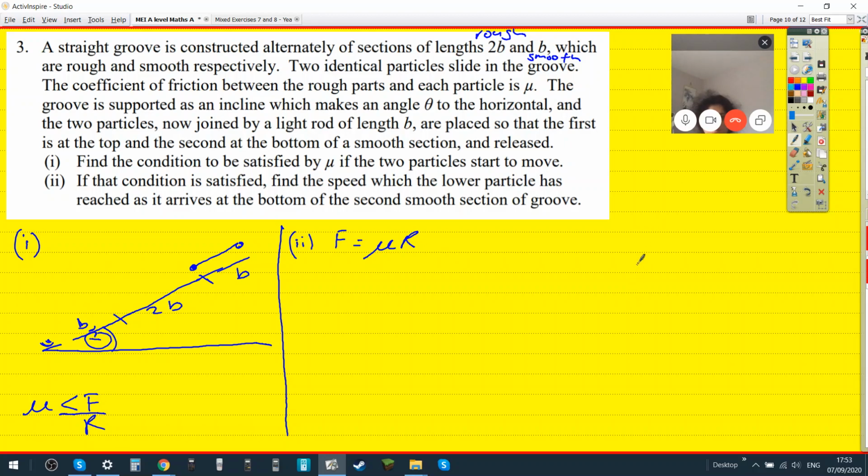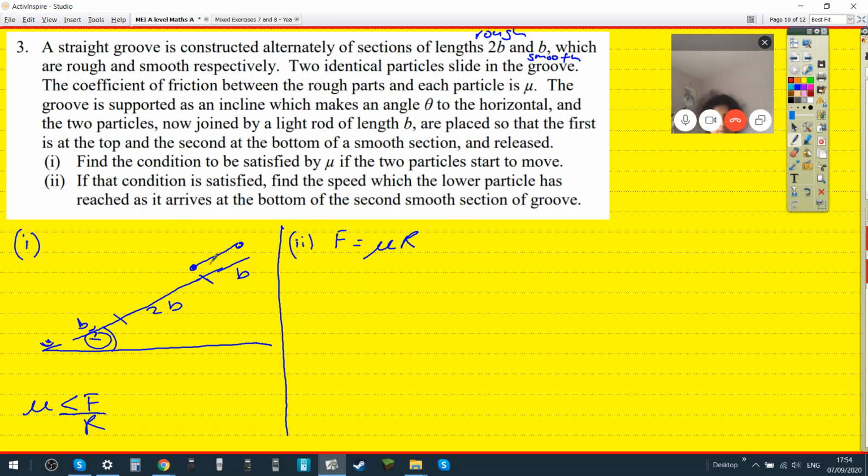What is next? So yeah, Suvat. Okay. Since the lower particle is already at B, would S be 3B for when it's at the bottom of the second smooth section?